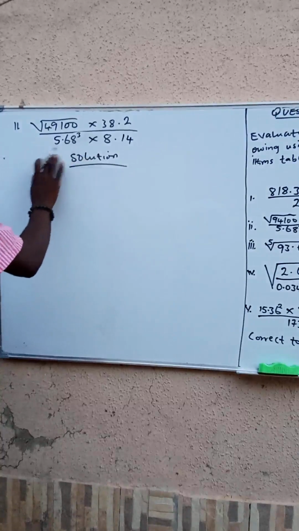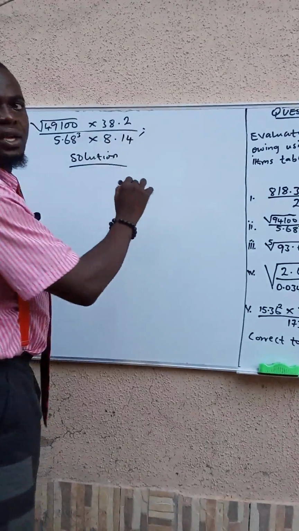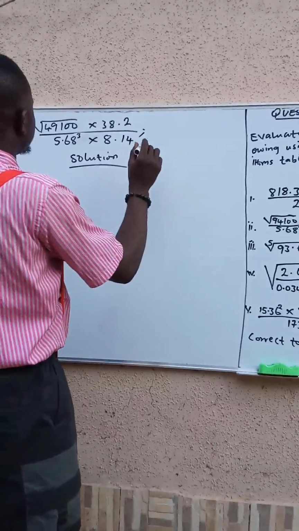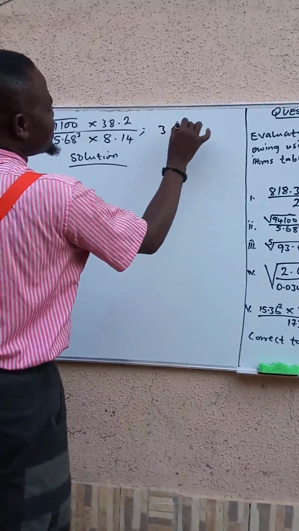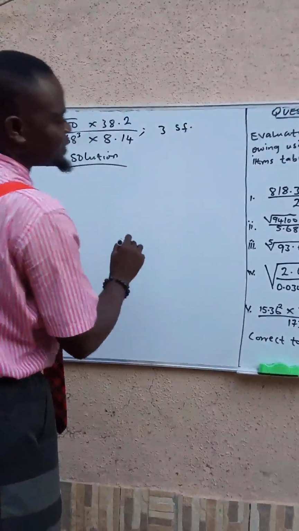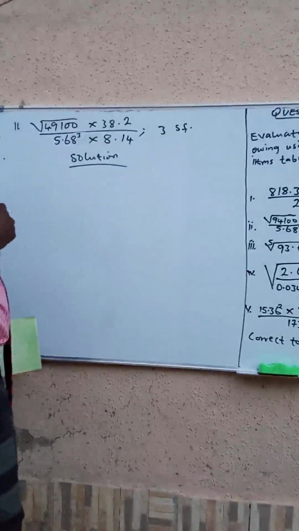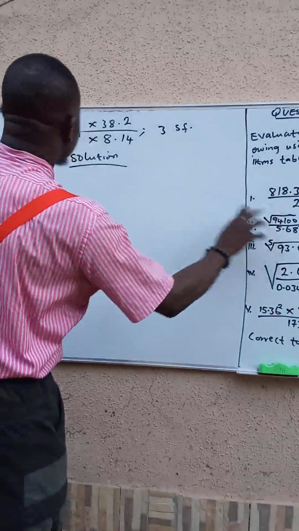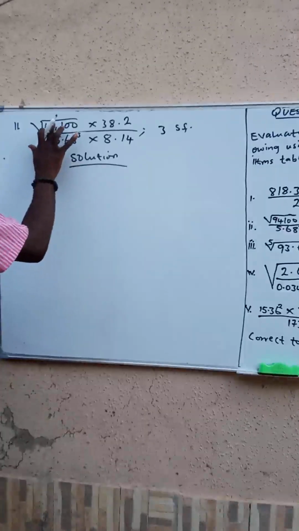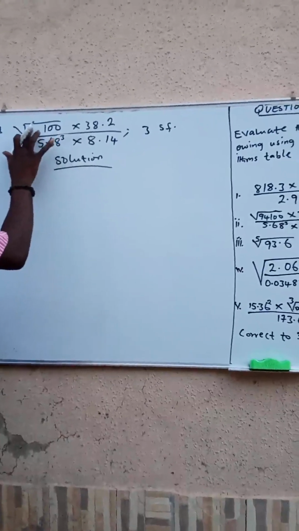So the first thing you write is solution. It must be correct to 3 significant figures. Okay, this is 94,100, your question.